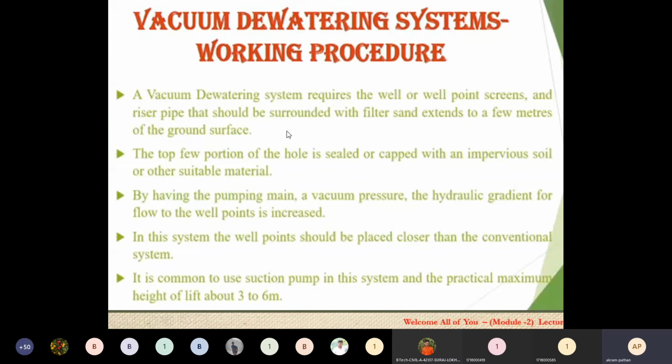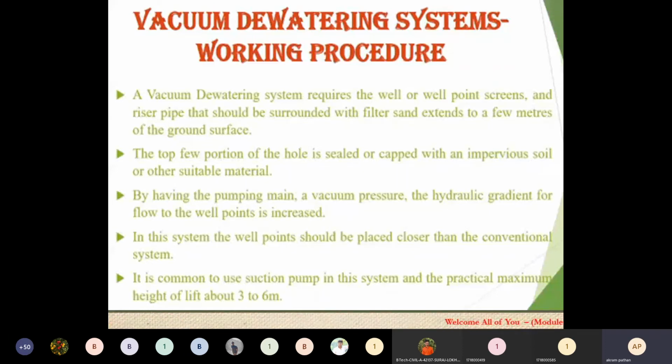Now, if you see the working procedure of the vacuum dewatering system, the borehole is taken up to a level up to which dewatering has to be done. Coarse grain material is filled so as to filter between the annular space up to 1 meter from ground level. Then the 1 meter space is filled by clay or bentonite.